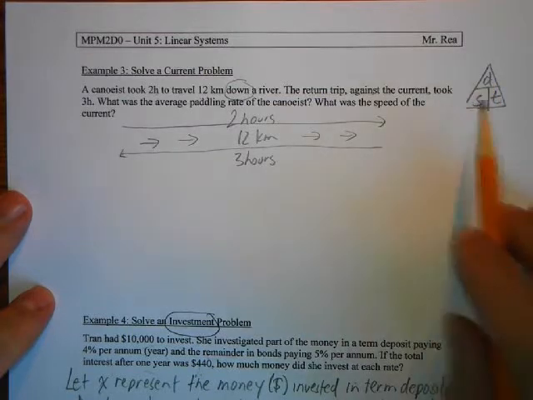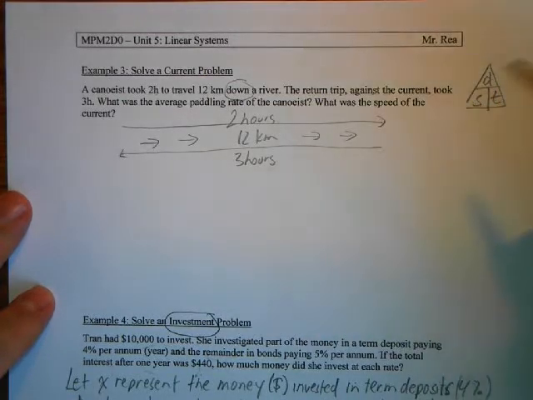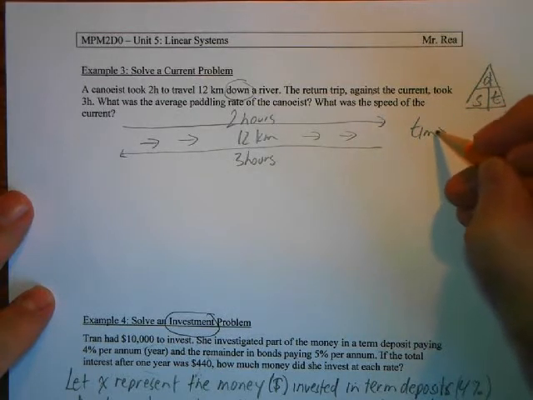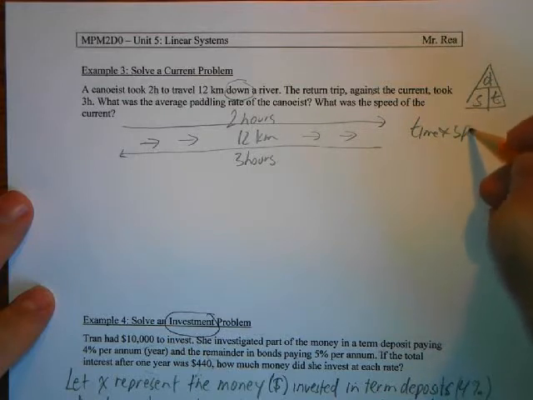We're going to use a version of this, flipping around the order of the variables. Distance is speed times time, but I'm going to say it exactly backwards: time times speed equals distance.